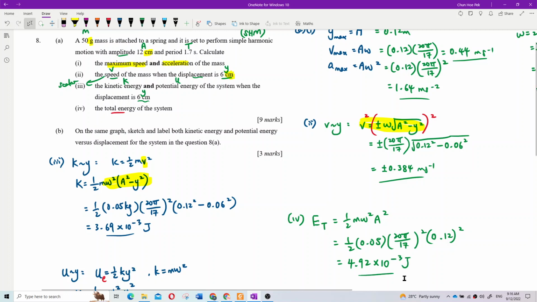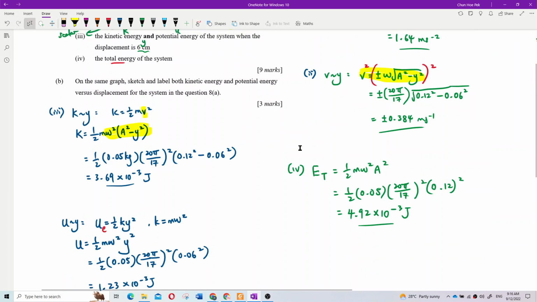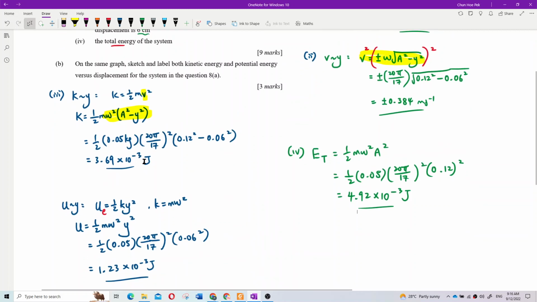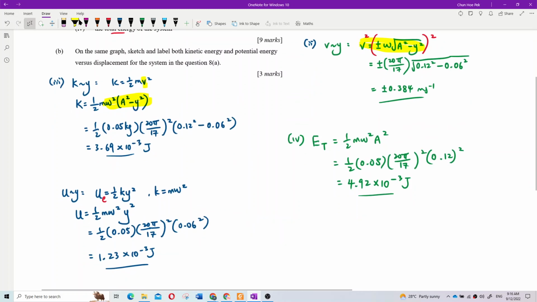Okay, you see, just now question 3 asked for kinetic energy and potential energy when displacement is 6 cm. So at 6 cm, that's the kinetic energy, and at 6 cm also, that's the potential energy.